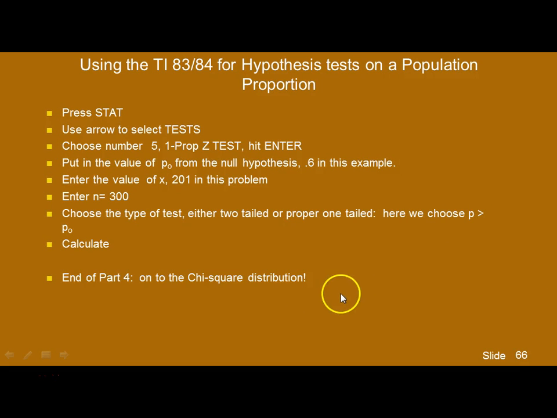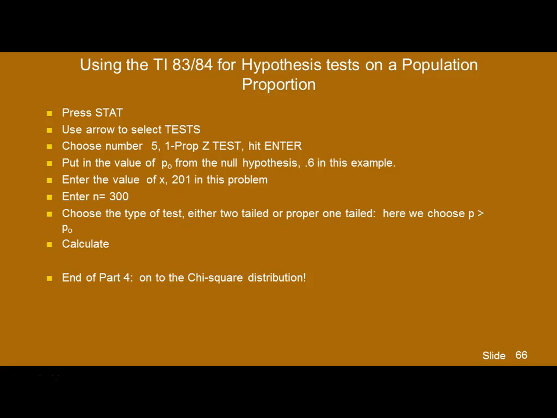If you would like to do this on your calculator, on a TI-83 or 84, press your Stat button, scroll over to Tests, scroll down to number 5 on my calculator, 1-PropZTest. The number might differ depending on your model of calculator. Hit Enter.